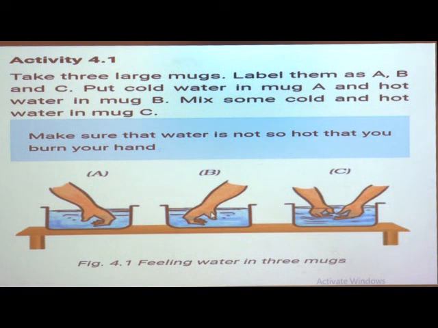So next what you have to do? In A there is cold water, in B there is hot water, and in C it has become lukewarm water because we mixed hot and cold water.